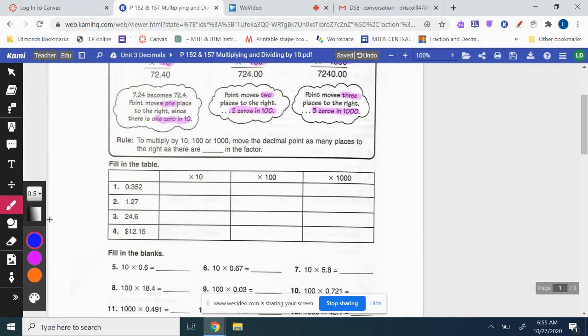I'm going to move numbers in this column one space because there is 1 zero. So 0.352, I'm going to move that decimal to make this number bigger, just one place, and I put it right there. So this really becomes 3.52.